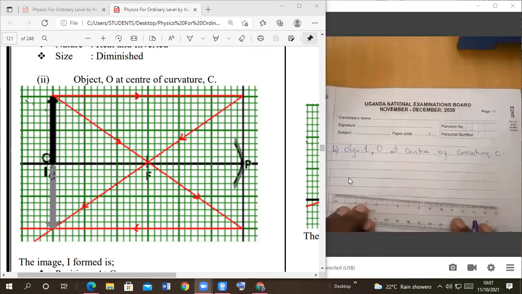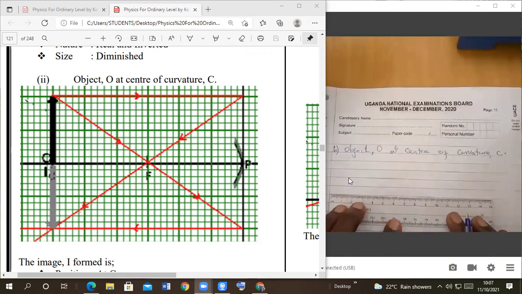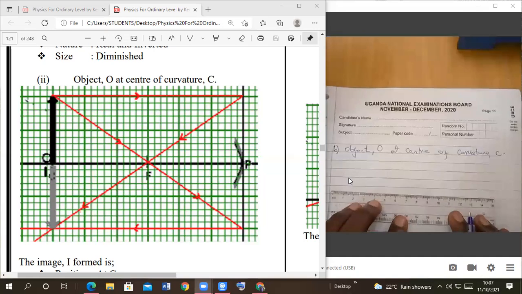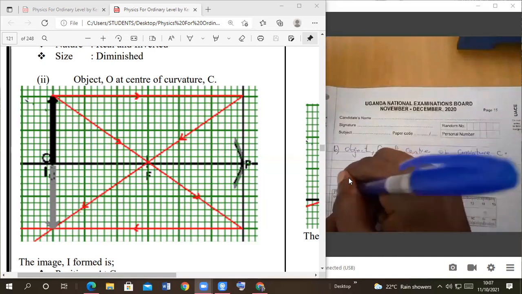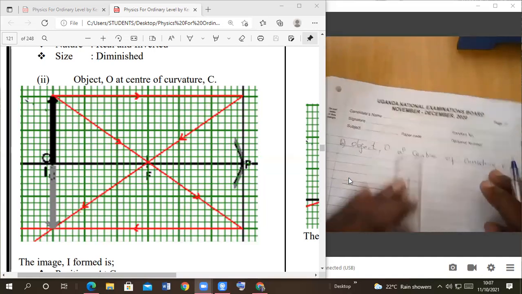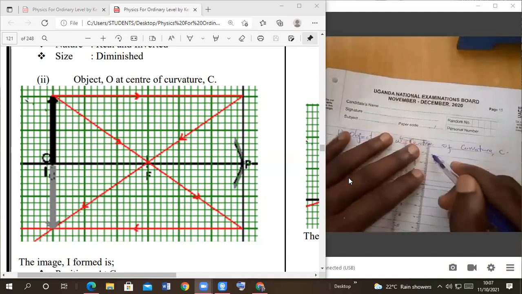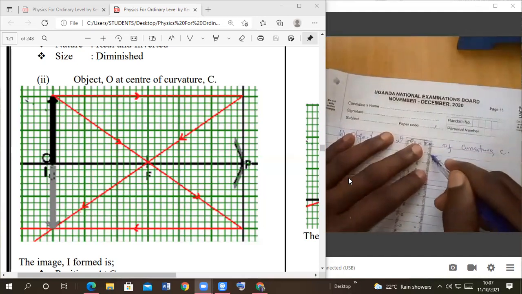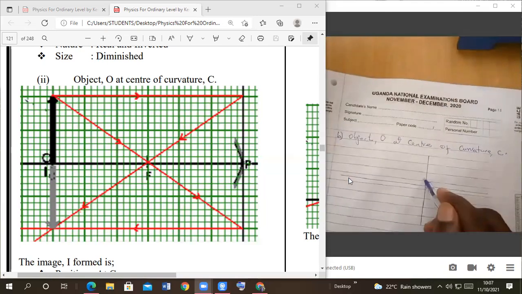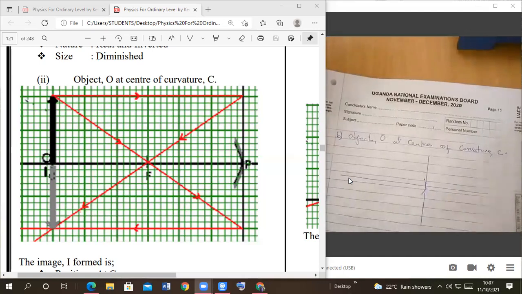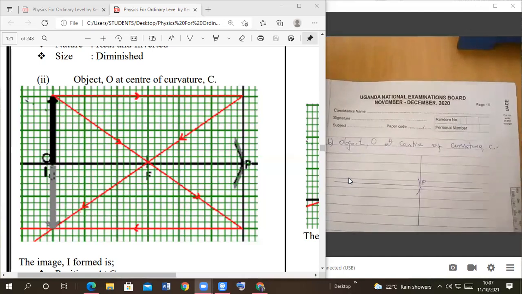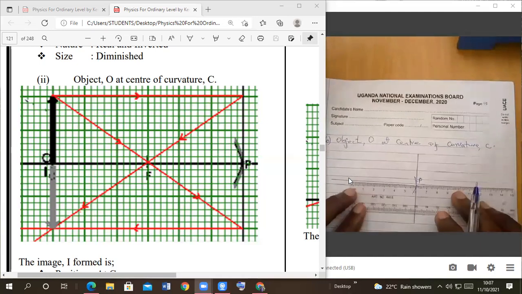So we draw our principal axis. Then we draw the line which is representing the reflecting surface of the mirror. Then you just put a small curve like that. This is the pole of the mirror. I said you have to be very accurate here.